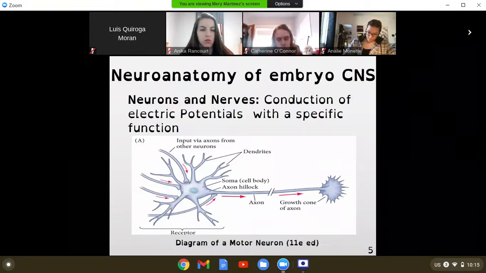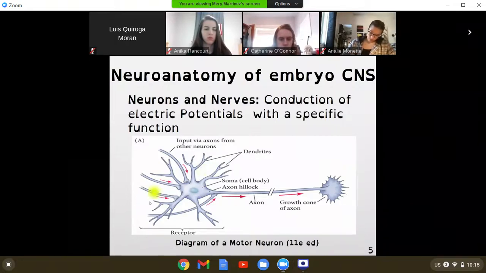Out of these 170 billion brain cells, the human brain consists of 10 to the 11th neurons associated with more than 10 to the 12th glial cells. So we have way more glial cells than we have neurons.